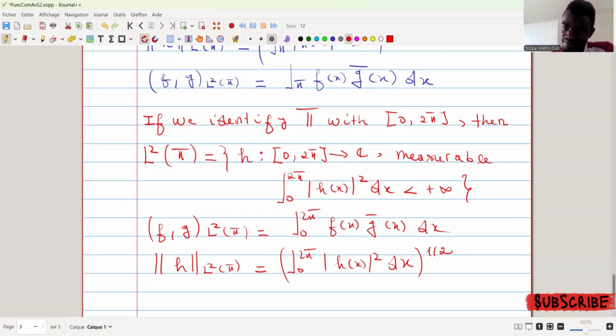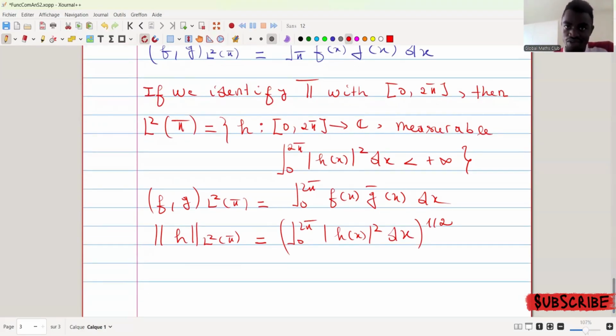But in our case, you notice that we are working with real-valued functions. So we are working with real values. So it means that I'm going to take u, v like this. So the inner product of u, v is equal to, because we are not in C, we are in R, so I'm not going to take the conjugate.